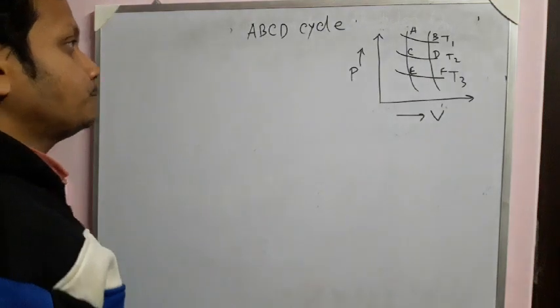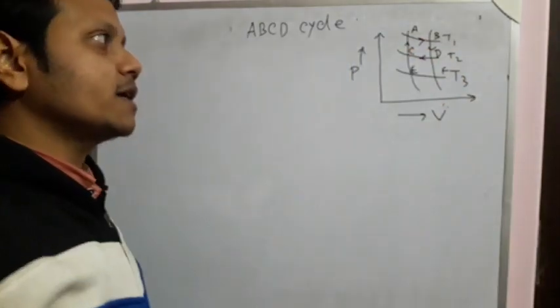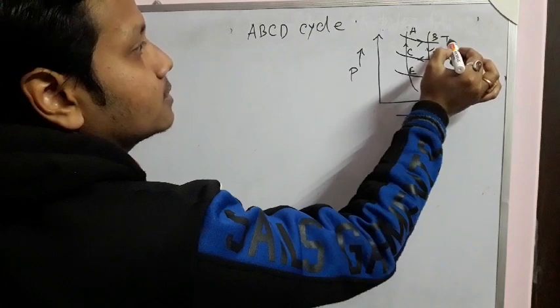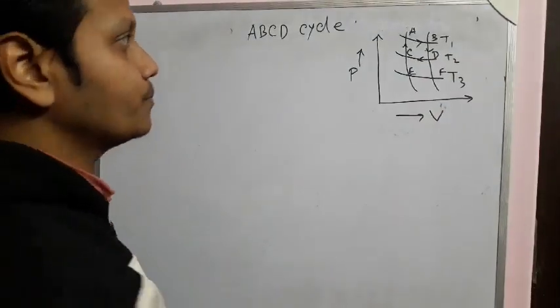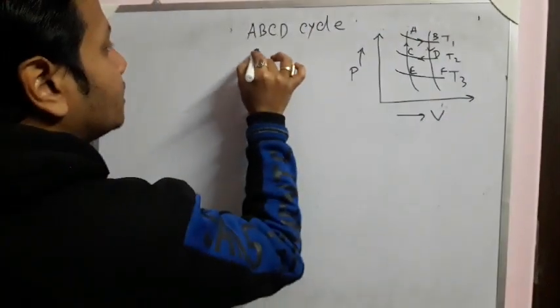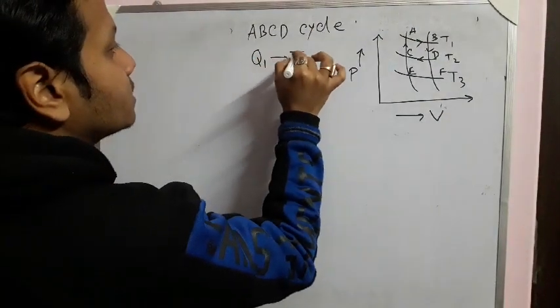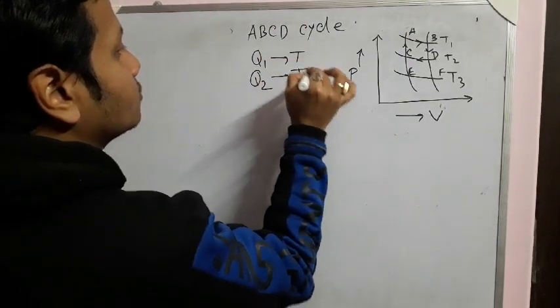So just take the first one. What happens in case of the first cycle? The engine absorbs heat at temperature T1 and rejects it to the sink at temperature T2. Say for the first cycle, Q1 heat is absorbed from the source at temperature T1 and Q2 is the heat rejected to the sink at temperature T2.